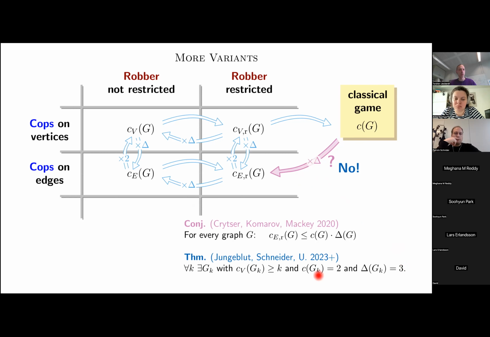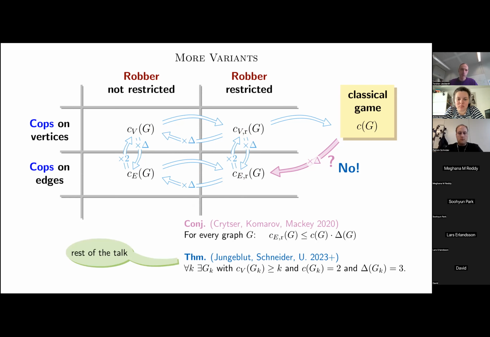The classical cop number is 2, the maximum degree is 3, so these are just constants. But keeping these constants, you can drive the surrounding cop numbers up as you want. That's why it also doesn't make any difference whether I put here the classical surrounding cop number, unrestricted or restricted, or any of the other 4, because if one of them is large, the other ones are also large, because they're all linked together.